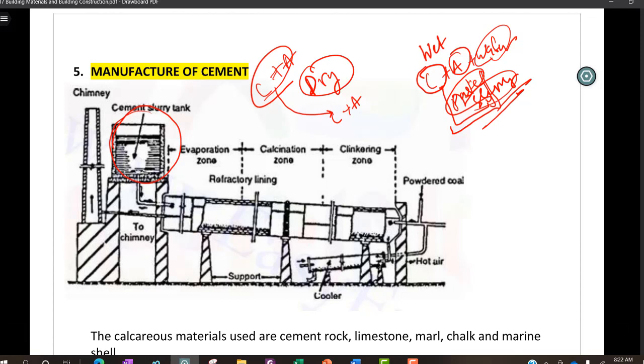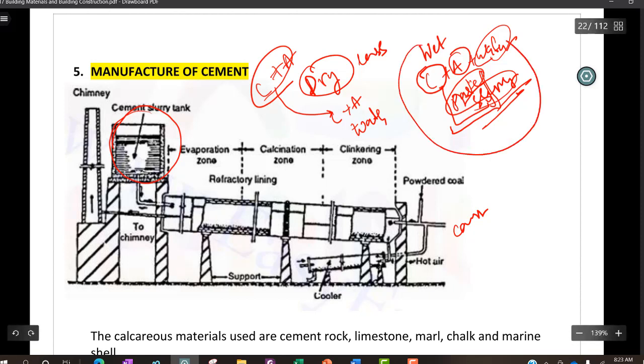But the good thing is, in the dry process we need less energy, because at the end we need cement powder, right? So all the water you add has to be evaporated, so more fuel is required. So the wet process is more expensive. Even though you have better control, it is very expensive, because you have to remove all the water from the cement paste and give cement powder at the end.